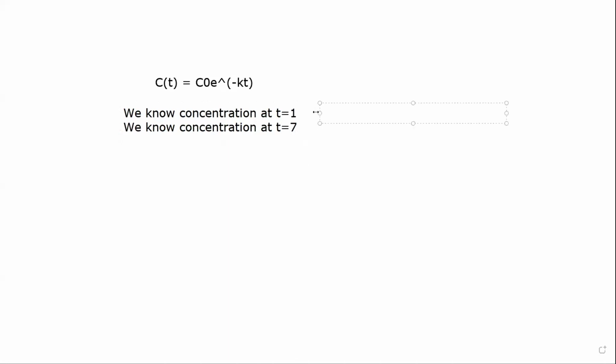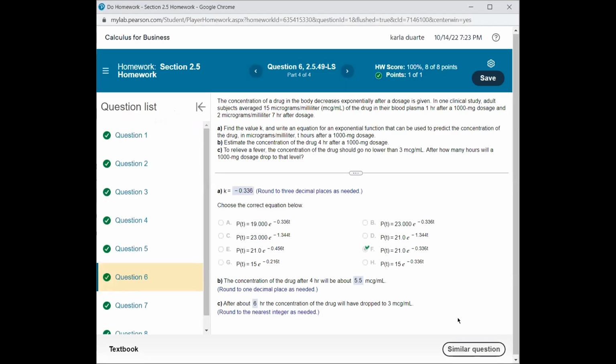So we know that the concentration at T equals 1, C of 1, is equal to, what was it, 15 in this case, I think? Let me check. I gotta look because I don't remember. It said 15 micrograms after an hour and 2 after 7 hours.